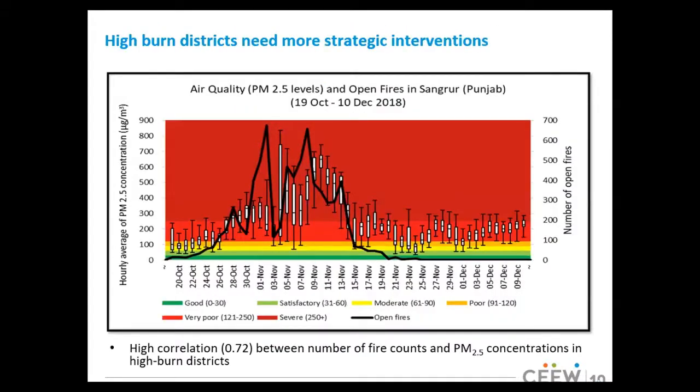Now let's just focus on Sangrur, one of the high burn districts of Punjab. The black line gives the daily fire counts observed in that district. The white box plots give the PM 2.5 values. What we observed is a good correlation between PM levels and the fire counts.